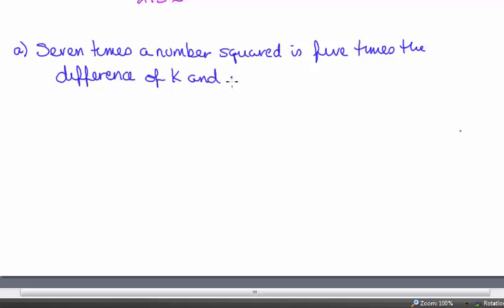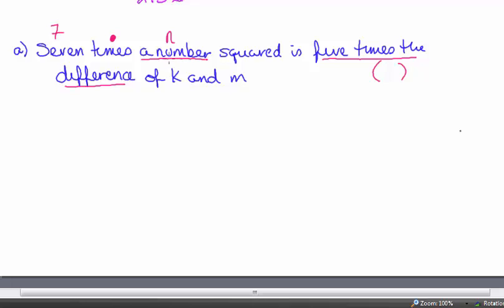Now remember in a previous lesson, I said when you see something that says 5 times the sum or difference, this indicates parentheses are going to occur. 7 times, this is multiplication, a number. Well, we aren't given that number, so we can give it any letter we want. I'm just going to use n for number.